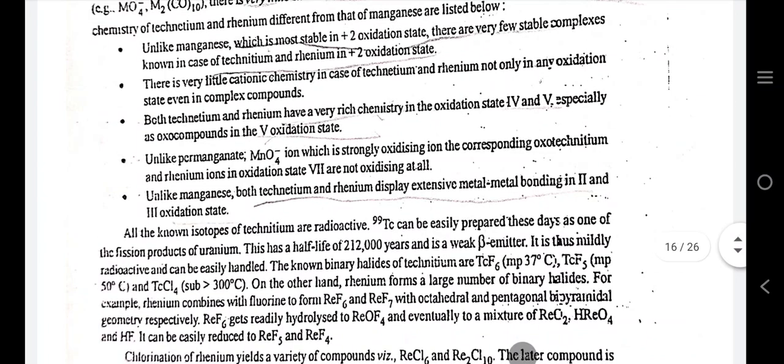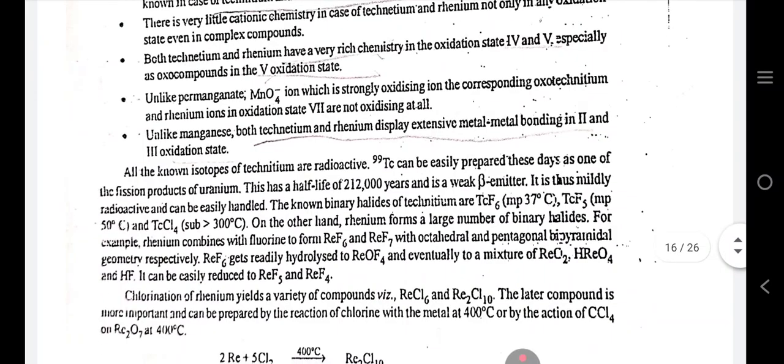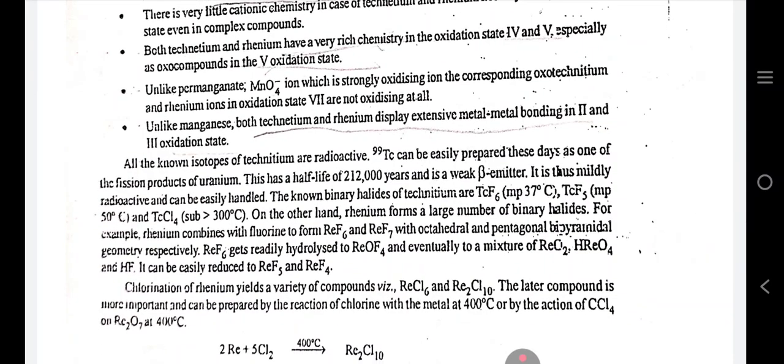Unlike manganese, which is most stable in the plus 2 oxidation state, there are very few stable complexes known in case of technetium and rhenium in the plus 2 oxidation state. There is very little cationic chemistry in case of technetium and rhenium, not only in any oxidation state, even in complex compounds. Both technetium and rhenium have a very rich chemistry in the oxidation states 4 and 5, especially as oxo compounds in the V oxidation state.